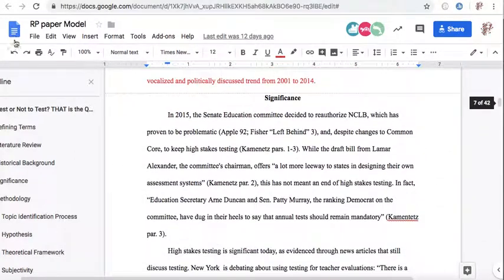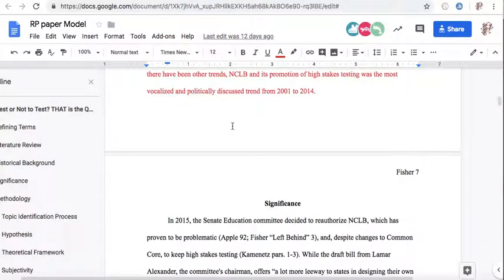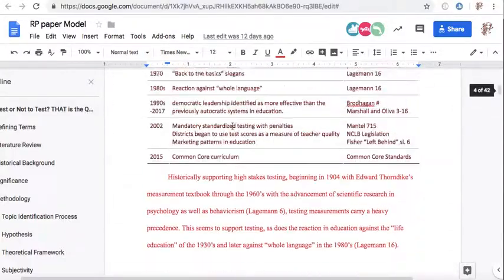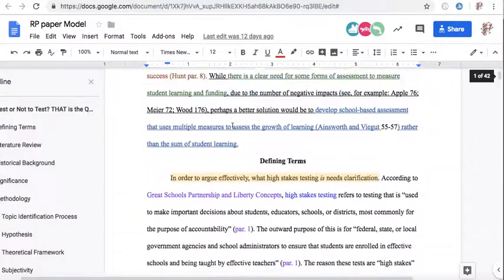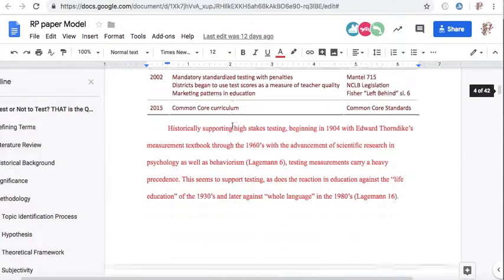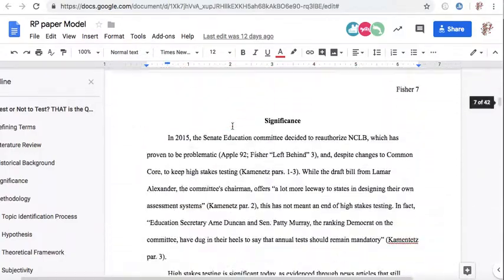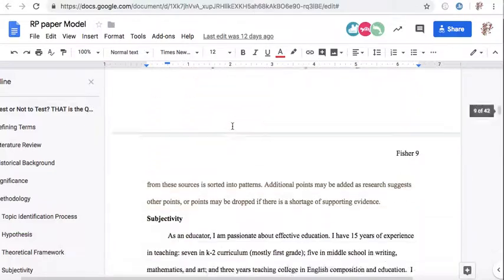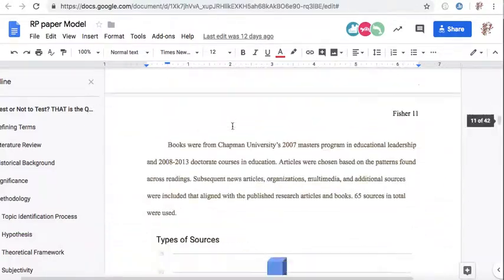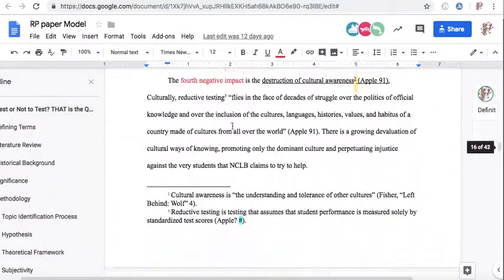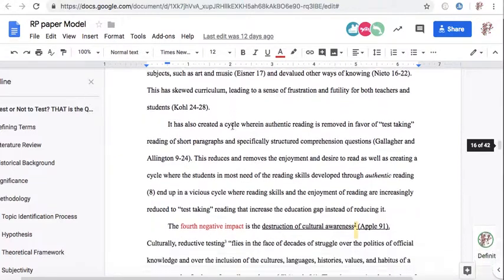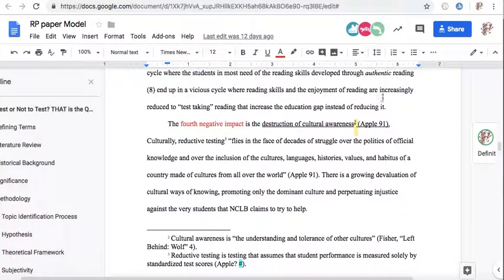The second way you can define a term is to use footnotes. I'm switching to print layout so we can do this, and scrolling down until I find it. As I was moving through my argument, the fourth negative impact is the destruction of cultural awareness.